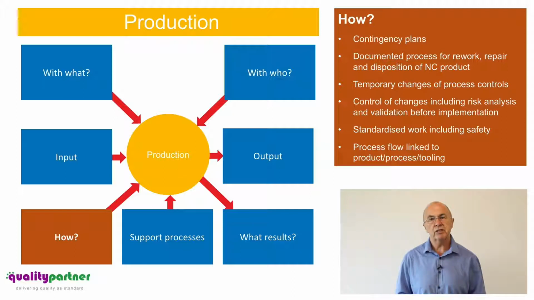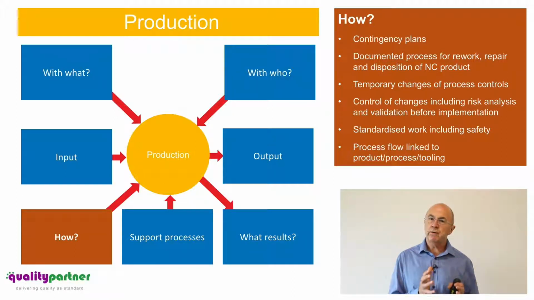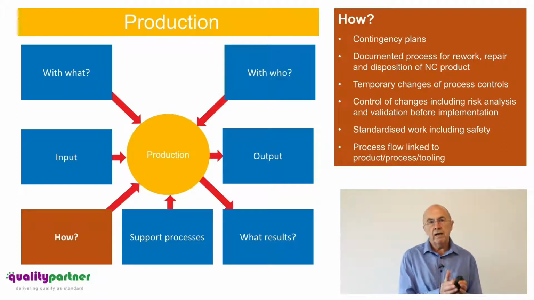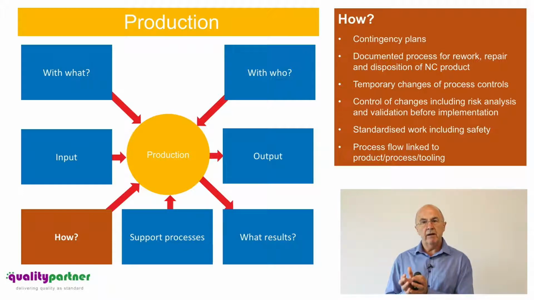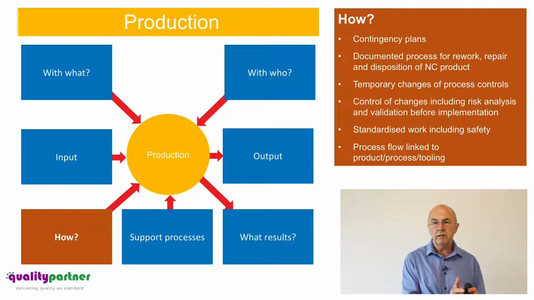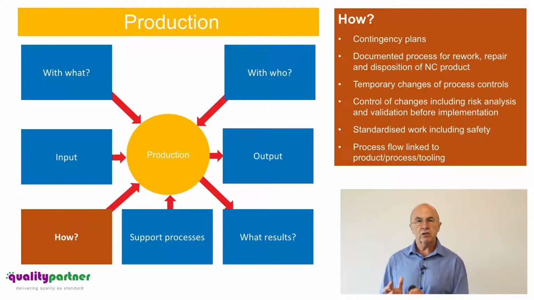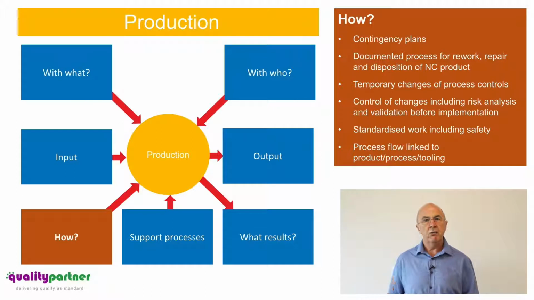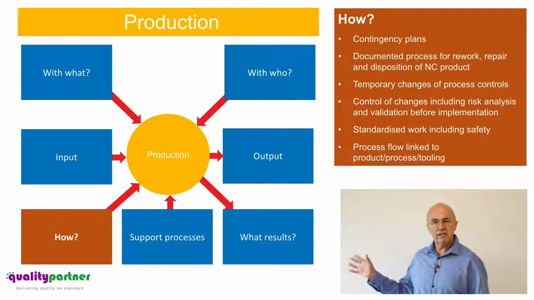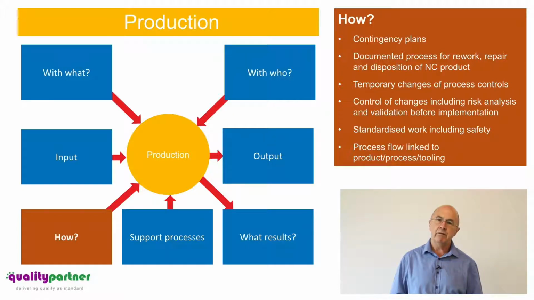And finally, a process flow. We need to make sure we've got a process flow not only linked to the FMEA and the control plan, but the process flow is clearly linked to the product, the process, and the tooling that we're going to be using within the manufacturing process. So these are some of the things that we need to consider in the how part of the turtle diagram to make an effective transition for production.